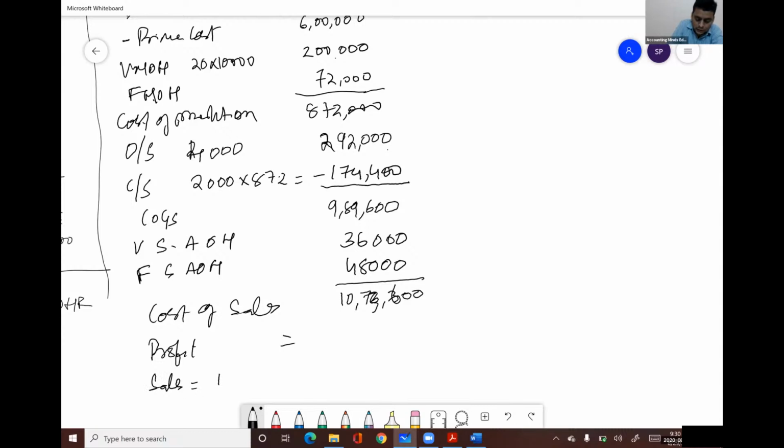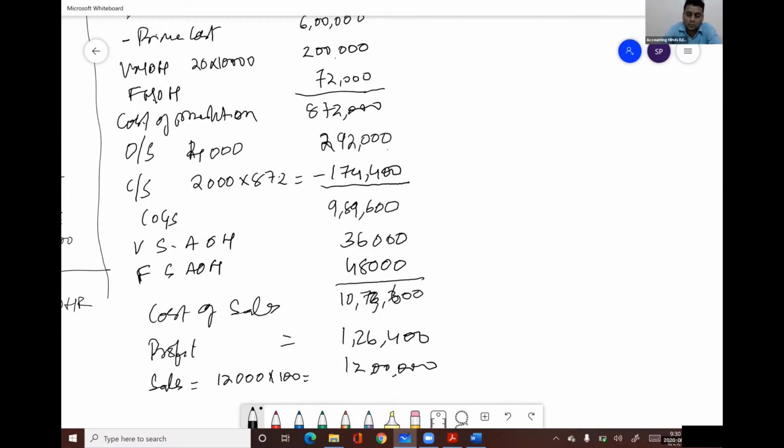Which is the sales? 12,000 into 100, 12 lakhs. Profit is 1,26,400. Guys, all of you agree? Any issues with this calculation?